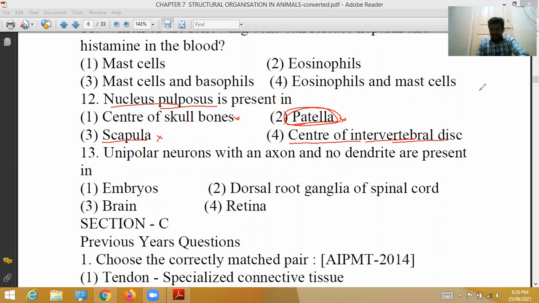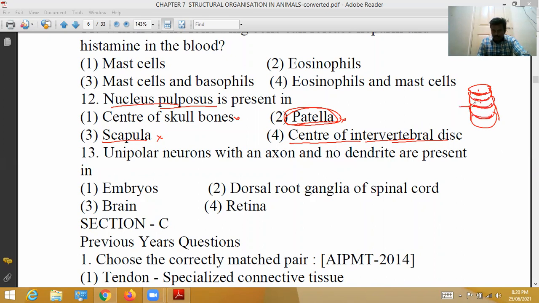In the vertebral column, vertebrae are located like this. In between two vertebrae, there is a soft portion.